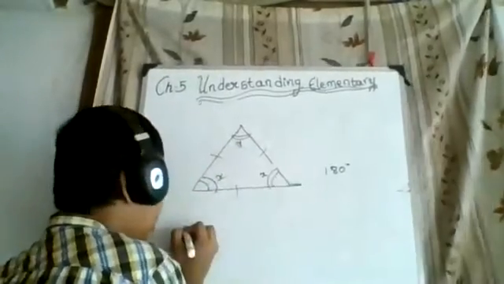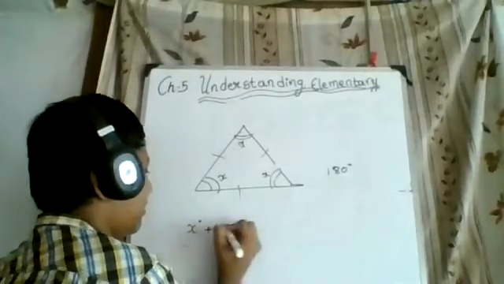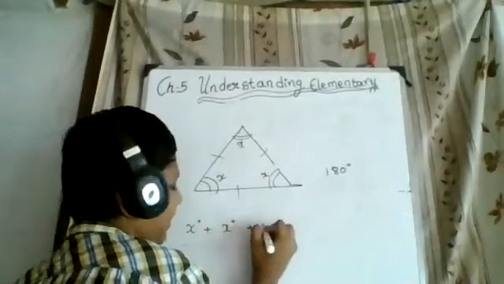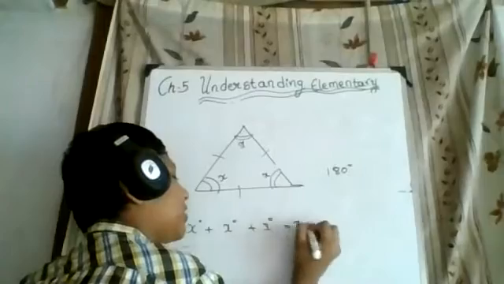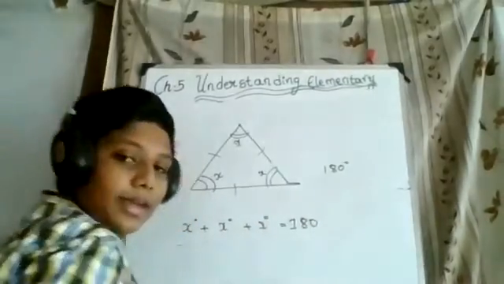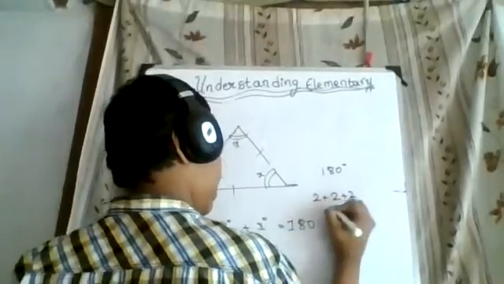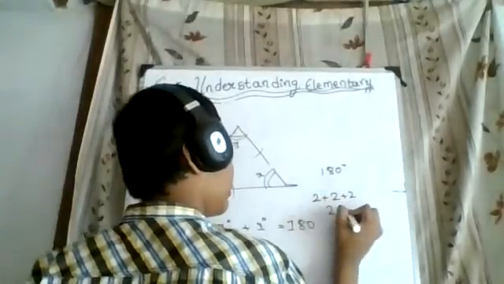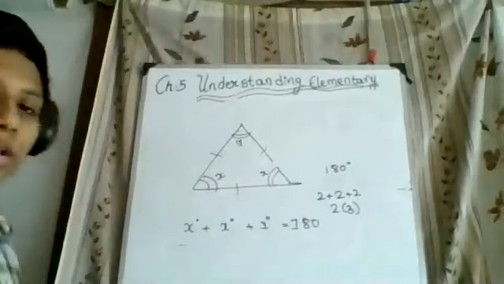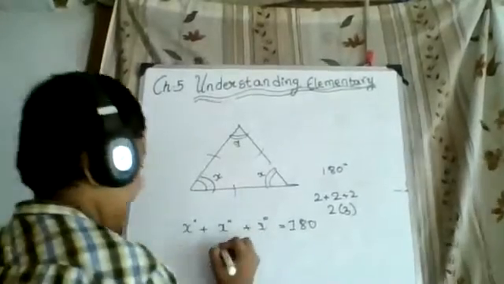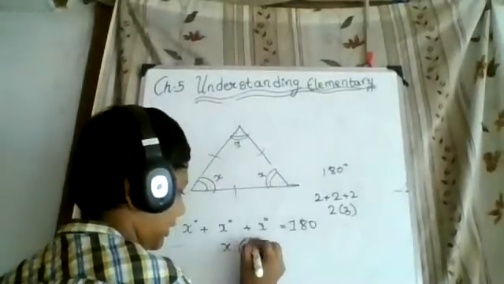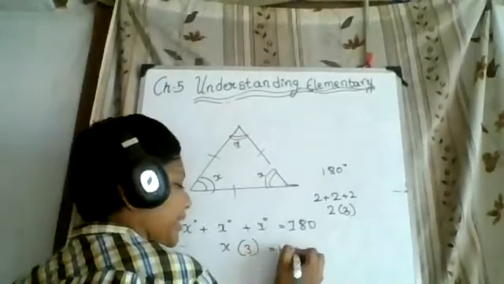So x degrees plus x degrees plus x degrees is equal to 180. If you have 2 plus 2 plus 2, we can write it as 2 into 3. In the same way, x into 3 is equal to 180.